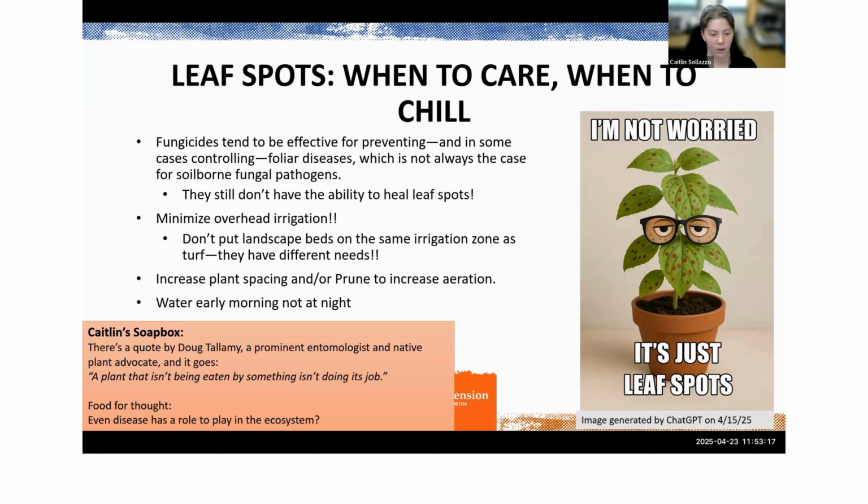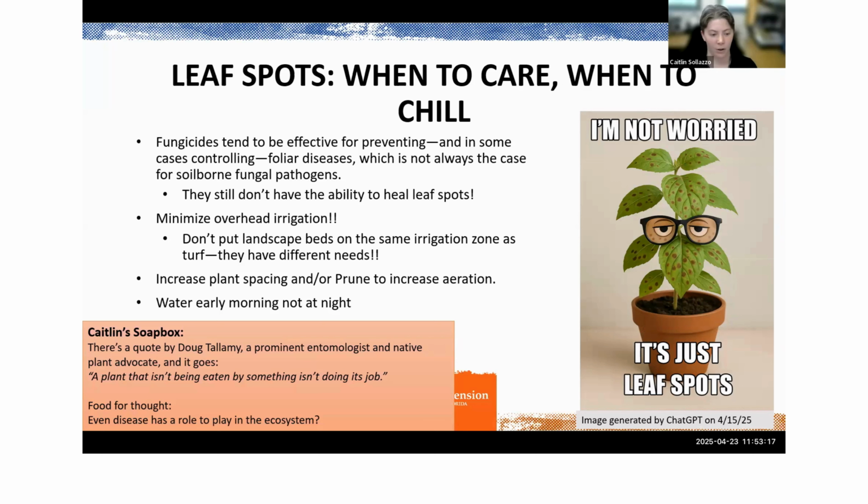But with leaf spots, you can apply a fungicide and it will protect the leaves. But I repeat, it will protect the leaves. It cannot heal the leaves. Like our skin, if we get a wound, we can heal the wound. Leaves are not the same way. If they have a leaf spot, that leaf will always have that leaf spot. You can just hope to protect the future leaves. So that's an important thing to note.